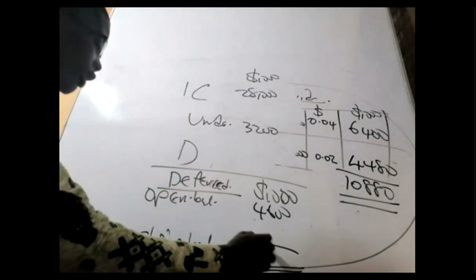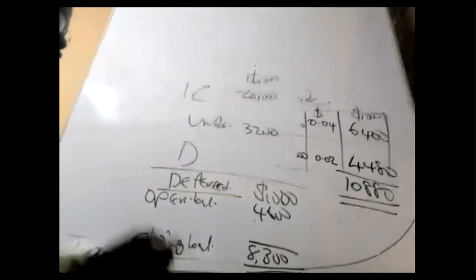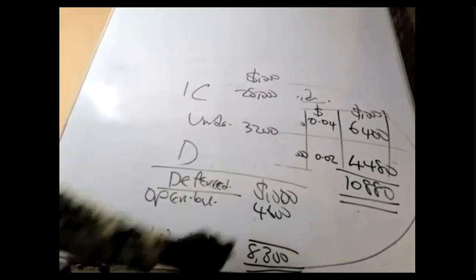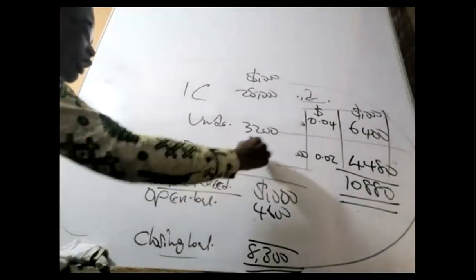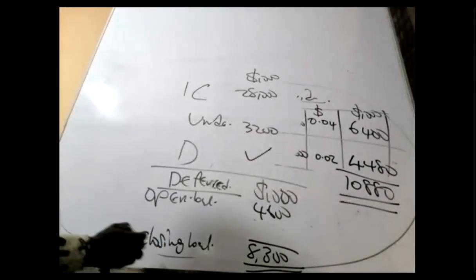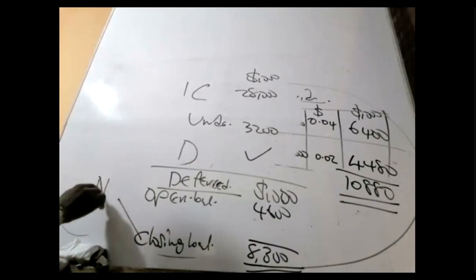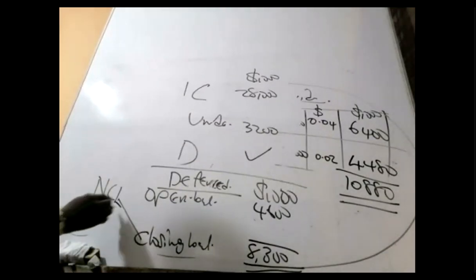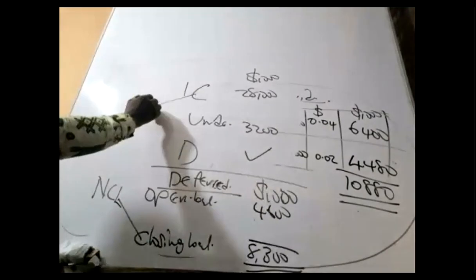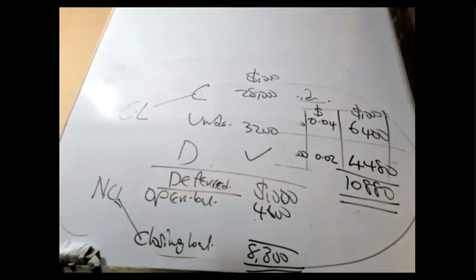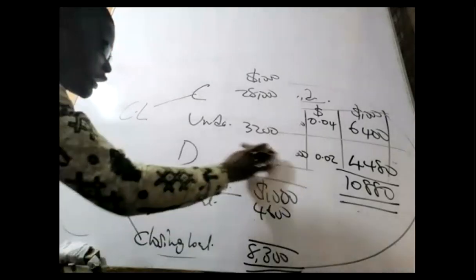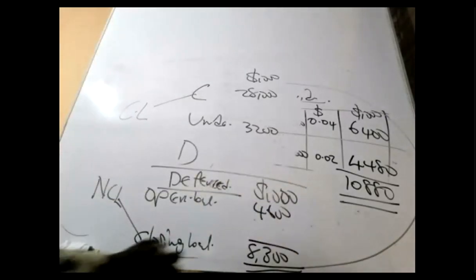Closing balance is 8,300. So the movement, the difference, should be here. This one goes to the financial position as a non-current liability. This one goes to the financial position as a current liability.